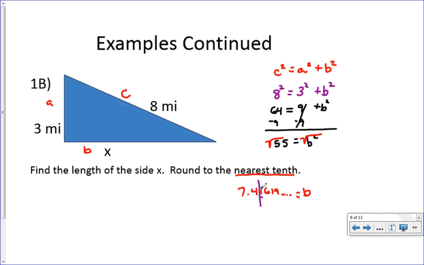If it is, I give it a shove and I round that number up because that number should actually be closer to 7.5. However, this is a 1. This number, if I round to the nearest 10th, is actually closer to 7.4. So B is approximately going to be 7.4 miles.